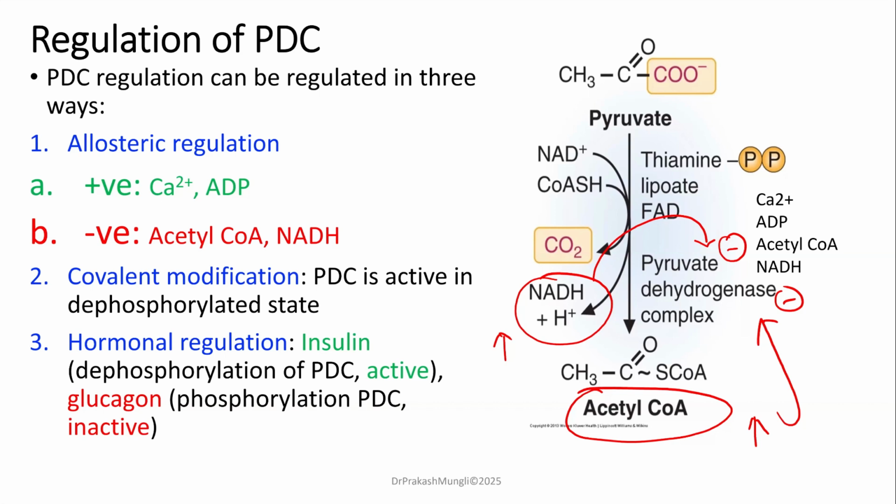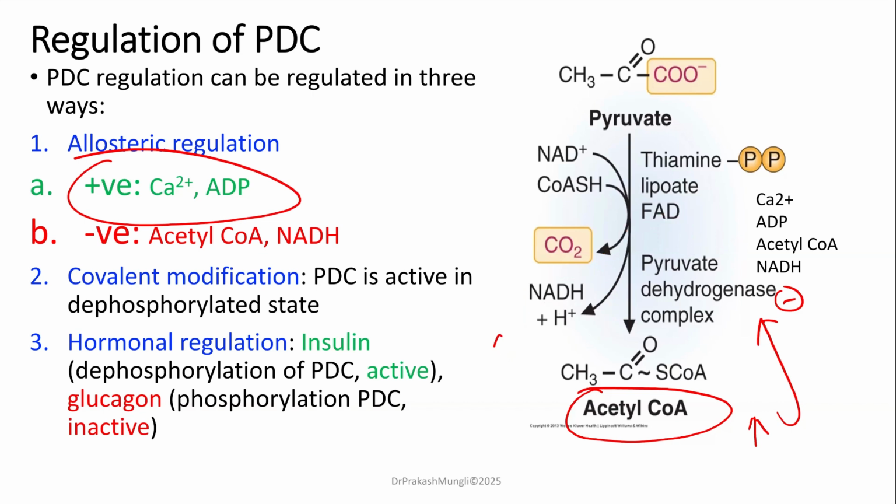Coming to positive allosteric modulation. In order to understand this, look at what the positive modulators are, and you know the answer for that. What is the positive modulator here? Let's begin with ADP. Your cell has a lot of ADP. What is the energy status of your cell? Low energy. What does the cell have to do? Increase the electron transport chain.